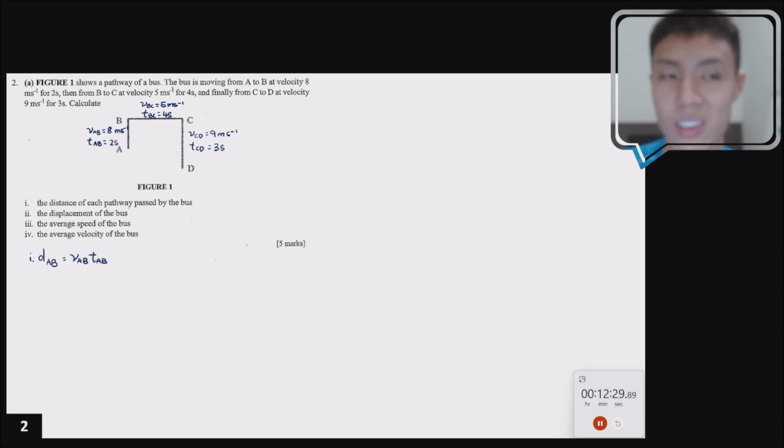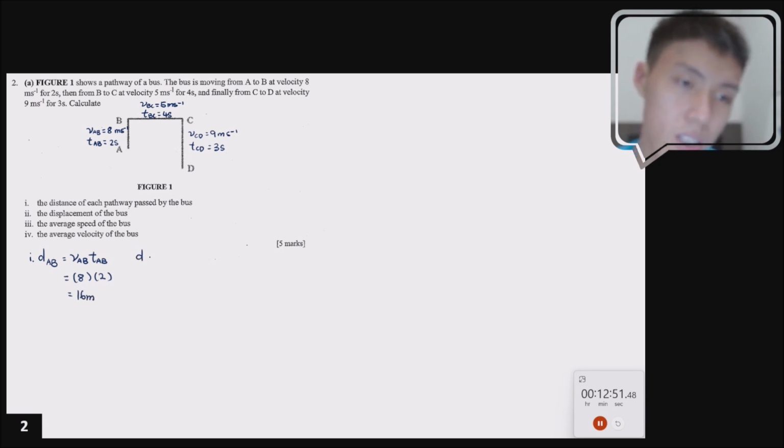They didn't say it's increasing, they didn't say it's decreasing, they just say 8 meters per second, 5 meters per second, 9 meters per second. So I think it's safe to assume that it's a constant velocity. So you can just say that this is 8 times 2, so this will be 16 meters.